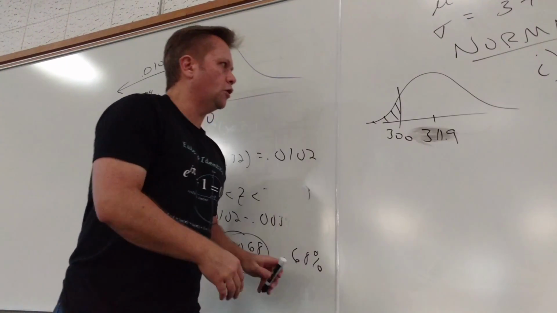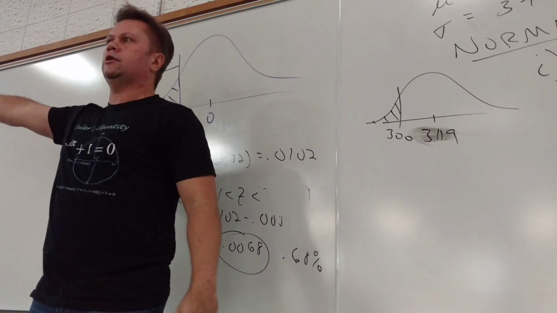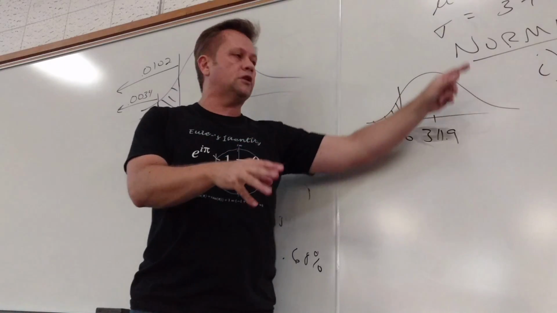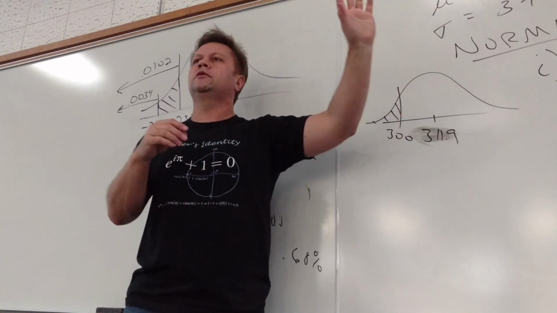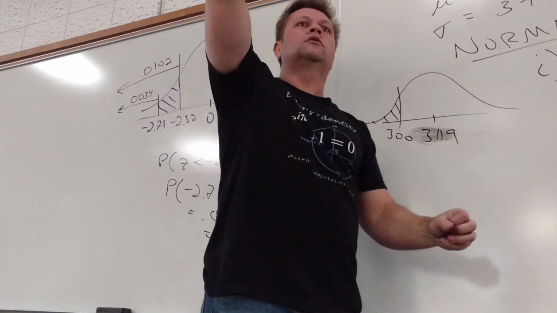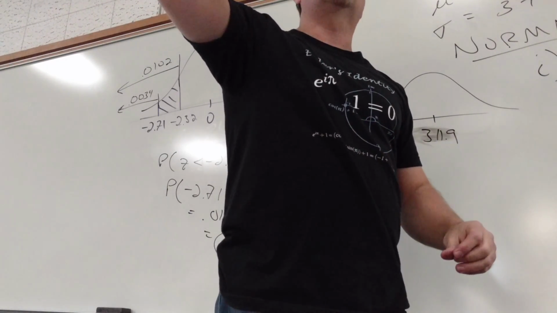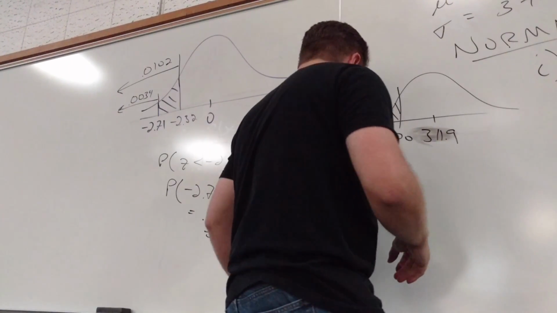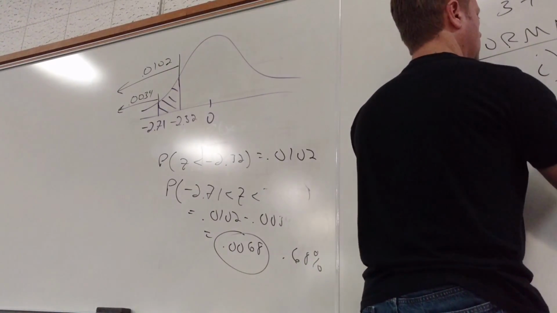So can I use this chart in general for a problem? Yes, it's normal. But can I use this chart with the numbers I know at the moment? No. So how do I convert that into a z-score?